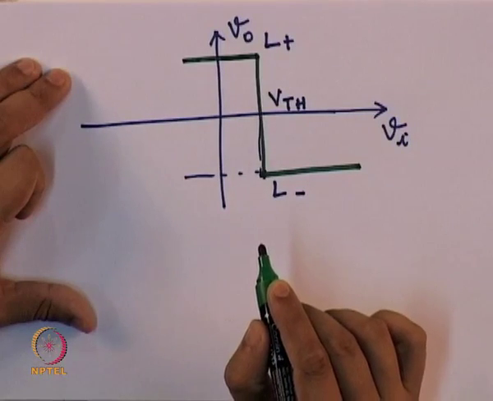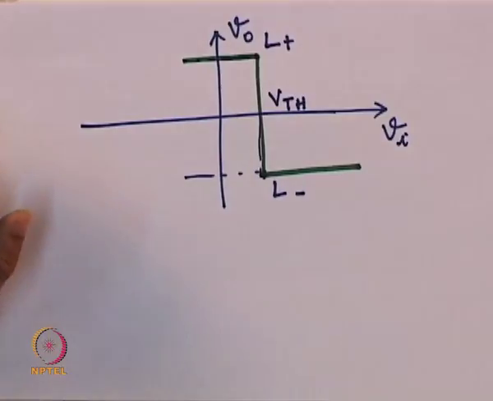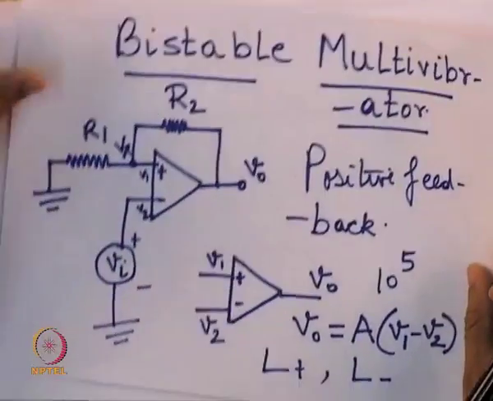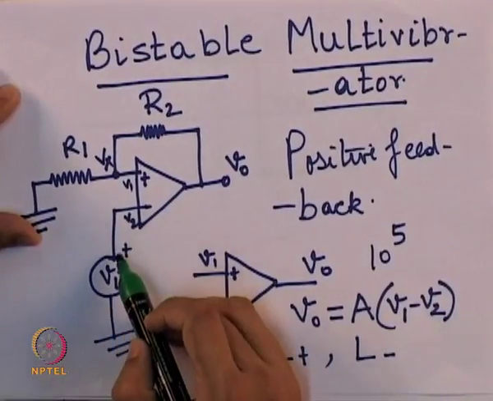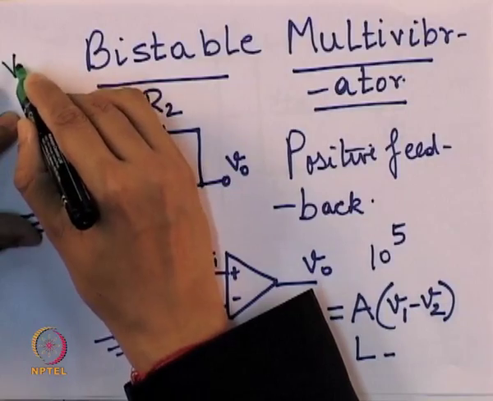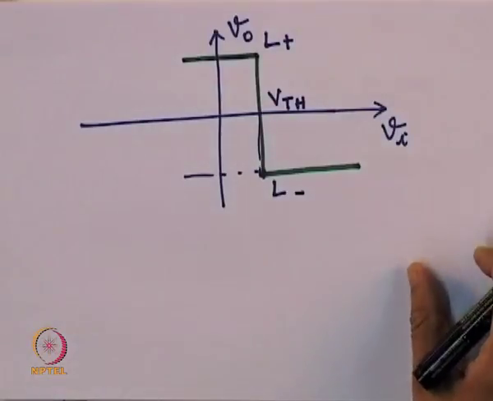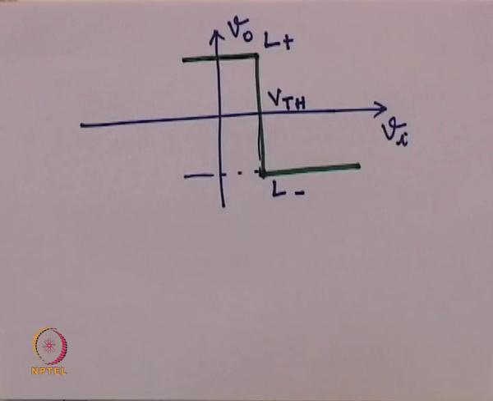Okay. On the return path, however, let us go back to the circuit once again. So, Vx, when Vi exceeded Vth, I have already written that. Let me go back to that equation where I have written it.